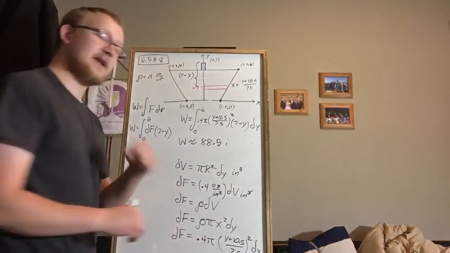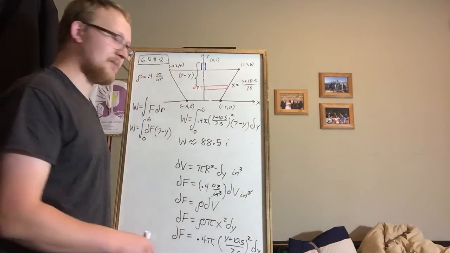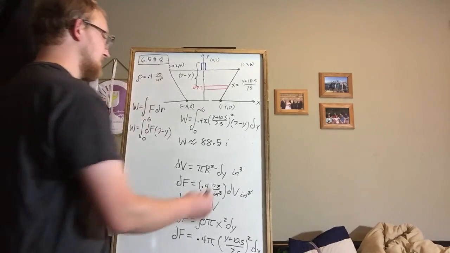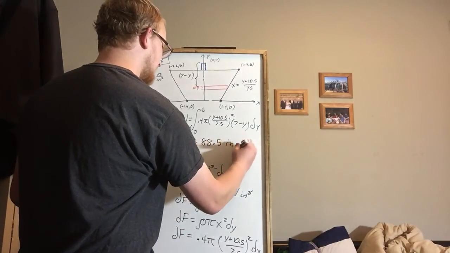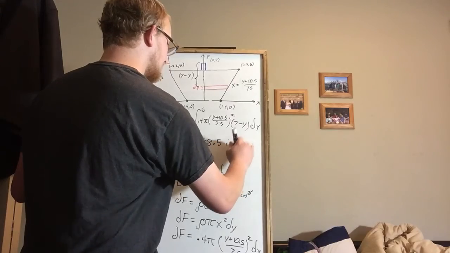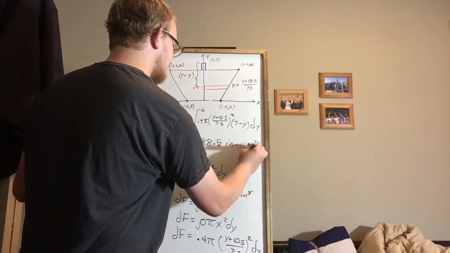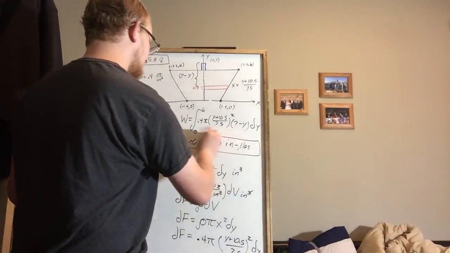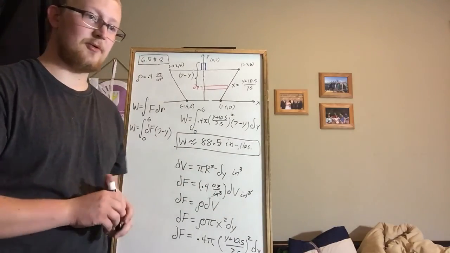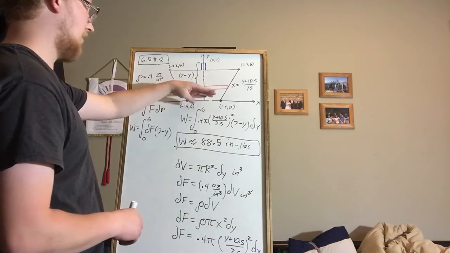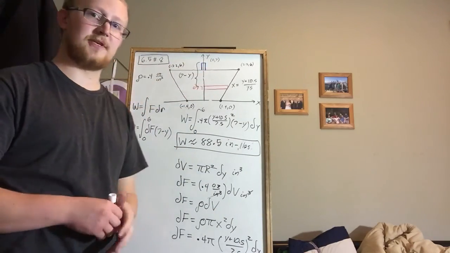And work in the English system is either in foot pounds or inch pounds. Since our volume was in inches, this is going to be inch pounds, so in-lbs. And that is the approximate work for pumping all of this fluid out of the cup through the straw.